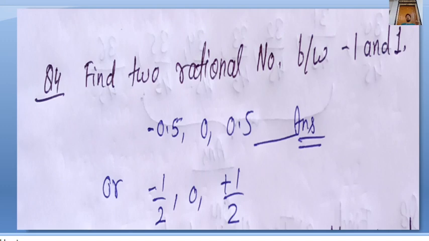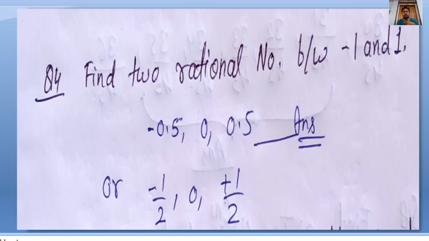So we write decimal numbers here. See, minus 1 and 1. What numbers can lie between? 0, 0.2, 0.5, 0.8, 0.4, many numbers. Write any two numbers and you will get your marks and your answer.